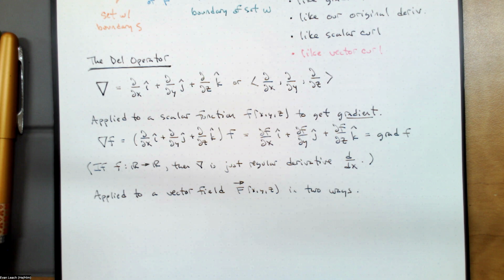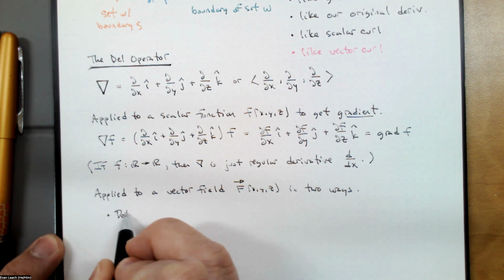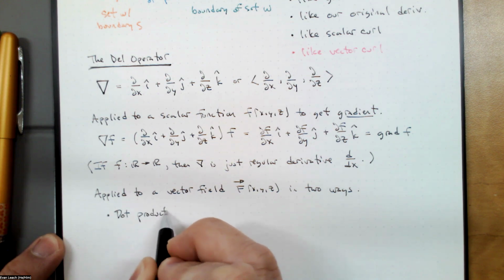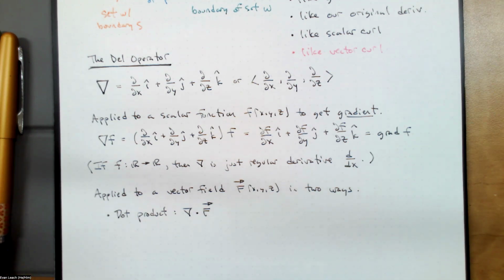We can apply the del operator to a vector field in two ways, because there are two ways that we can multiply vectors. That way we get the dot product and we get the cross product.